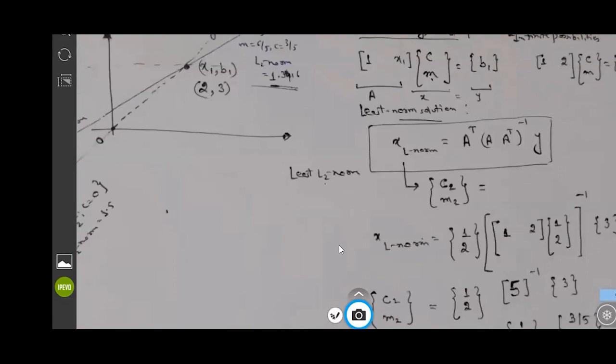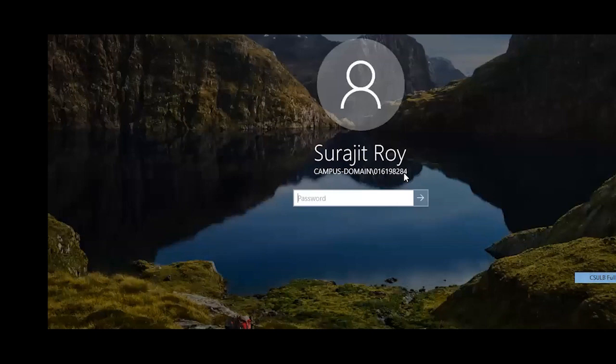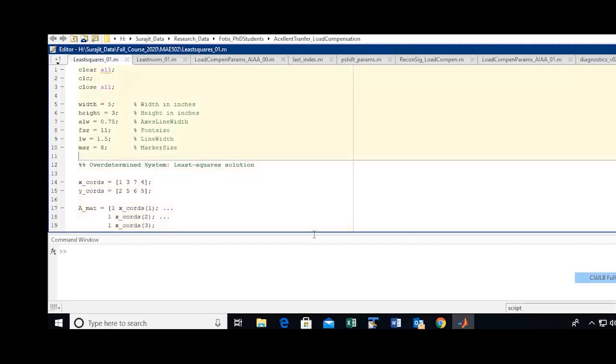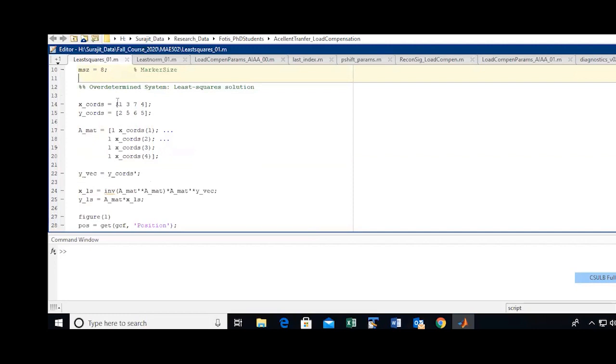Yes. So I can quickly switch to my computer screen. I believe I uploaded this code just a while ago. This is the least square solution I was showing you in the last lecture. I have more data points, but I'm just fitting a straight line, so my A matrix is just 4 by 2.